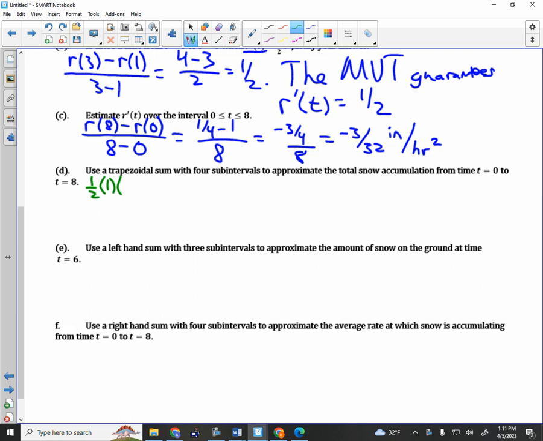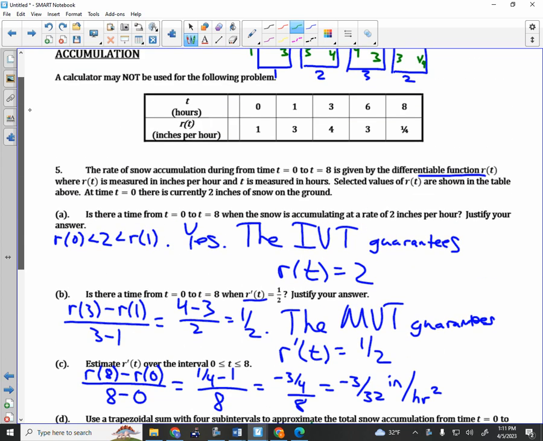I can't see it, so I'm trusting you. It's 4. Plus 1/2 times, what's the next width? 2. What's the sum of the bases? 7. Plus 1/2 times, I think the next width was 3. Sum of the bases? 7. Okay, sorry.